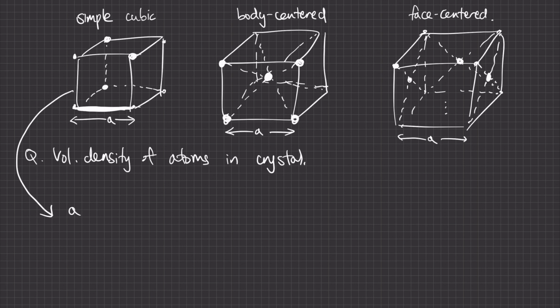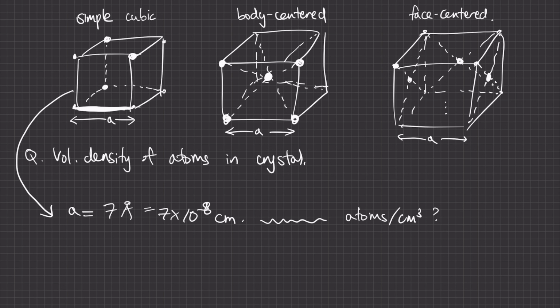Let's say a equals 7 angstroms, which is 7 times 10 to the minus 8 centimeters, not meters. Then what will be the volume density of atoms, which is measured as atoms per cubic centimeter? So now we look at the simple cubic.